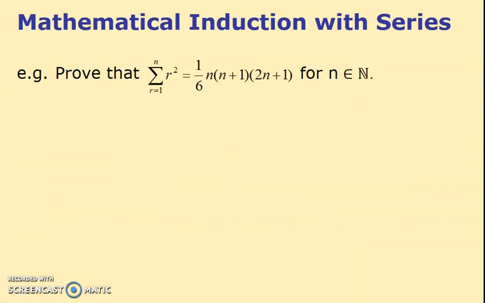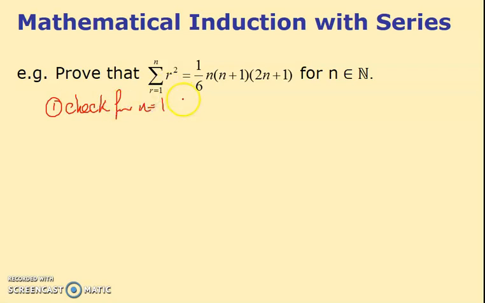So here's my first example, and if we just look at it, it says prove for r equals 1 to n that the sum effectively of r squareds is this formula. And we just crack on. So step 1 then is we check for n equals 1.